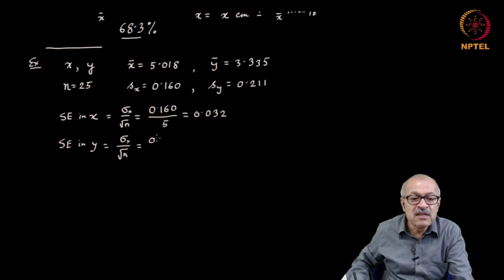So, 0.211 by again 5, because the number of data points were the same, and then this comes to be 0.042.